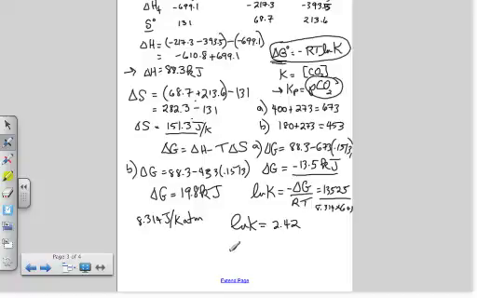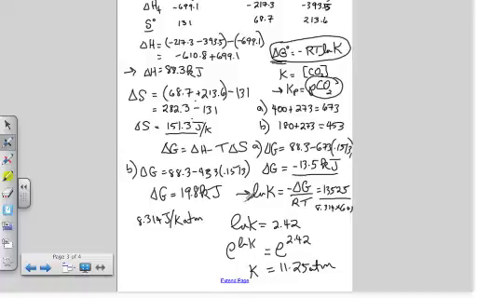So I'm saying e to the ln K equals e to the 2.42. That is the antilog for a natural log. So this becomes just K, and when you do it on your calculator, it becomes 11.25 atmospheres. Atmospheres is in that R. Okay, that's A.